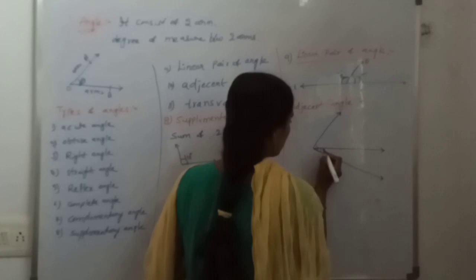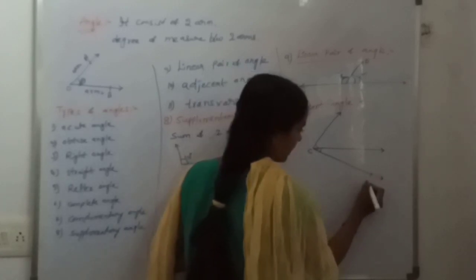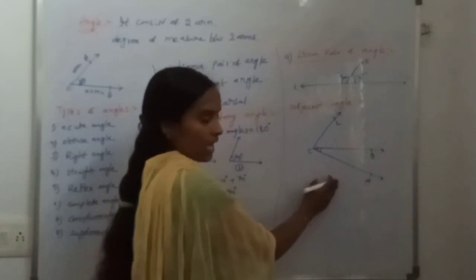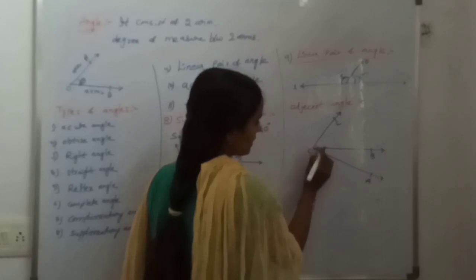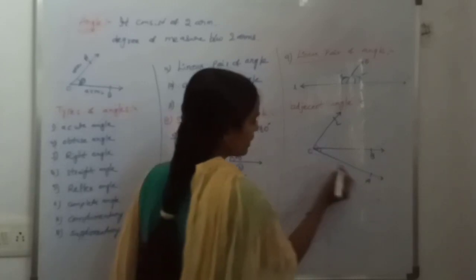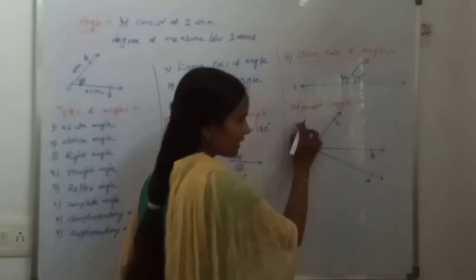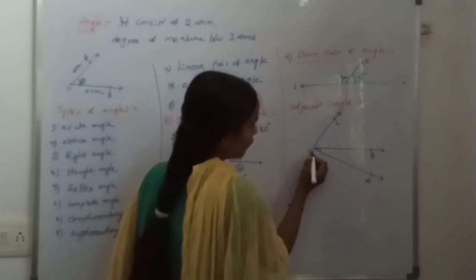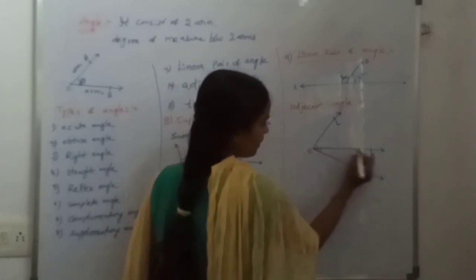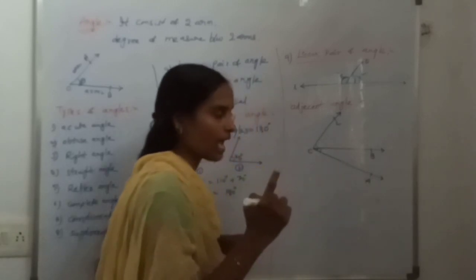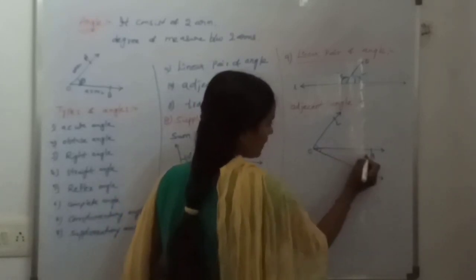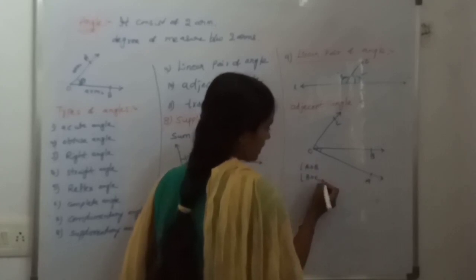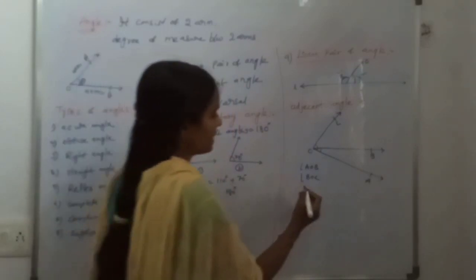Here we have point O and points A, B and C. See here, 1, 2, 3, three rays. Angle AOB is one of the adjacent angles and angle BOC is the other adjacent angle. Here OA is one arm, OB is one arm, OC is one arm. Here angle AOB and angle BOC are the adjacent angles.